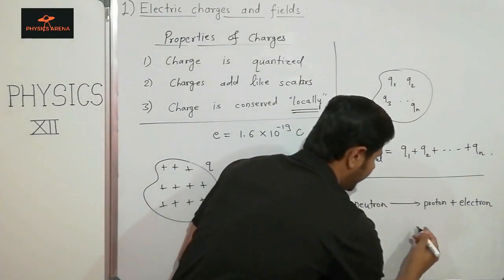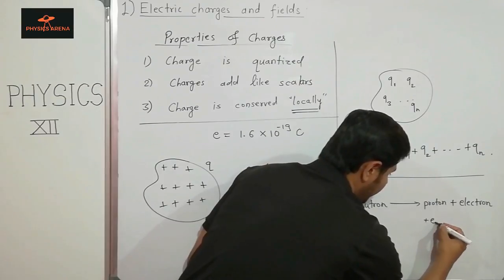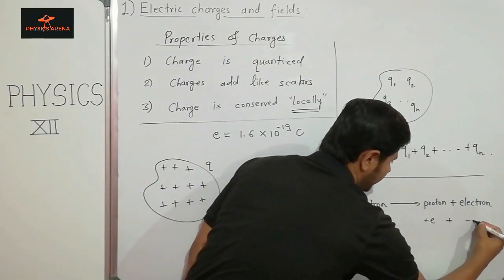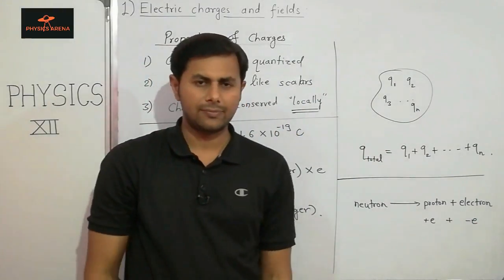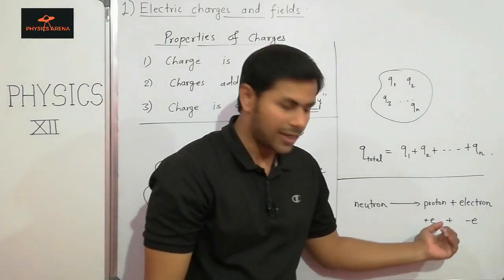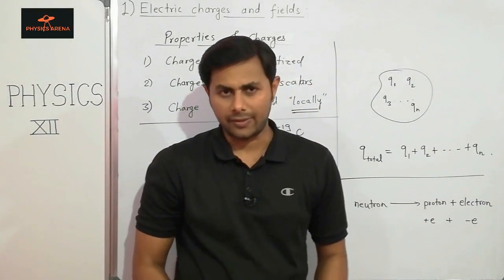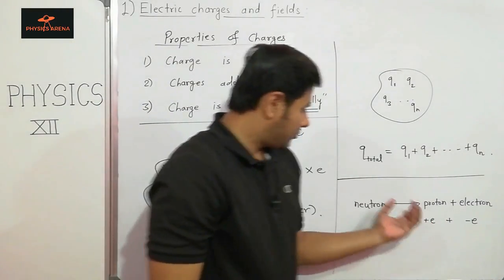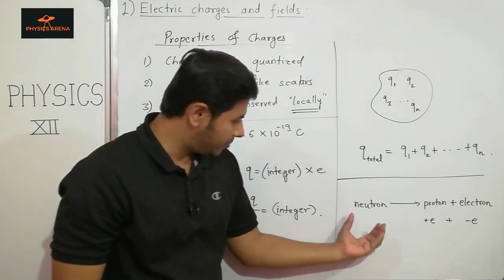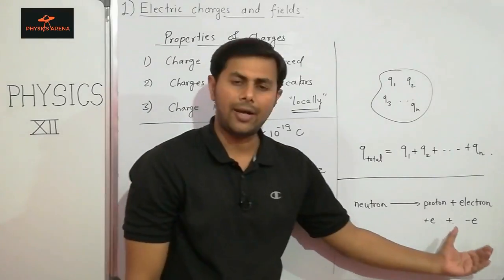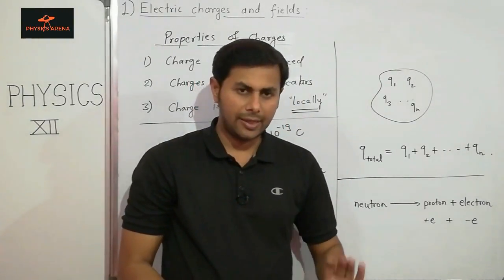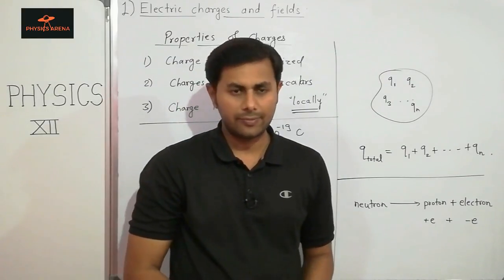The proton has charge plus E and the electron has charge minus E. Now one may think that these charges are created out of nothing, but we have to take into account the total charge before this nuclear reaction and after it.